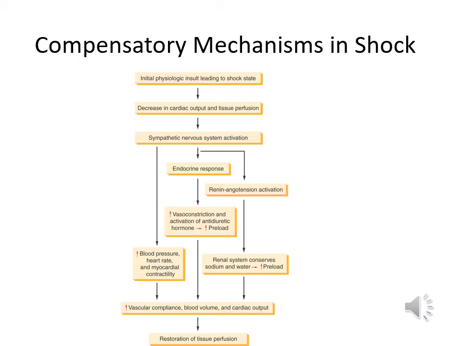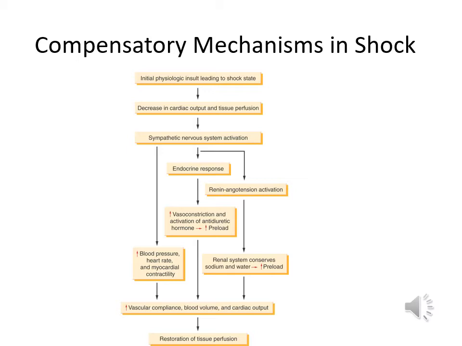The kidneys release renin, converting angiotensin 1 to angiotensin 2. And you'll remember from our heart failure lecture that angiotensin 2 is a very powerful vasoconstrictor, which can cause increased peripheral resistance. The adrenal cortex releases aldosterone so that sodium and water is retained.